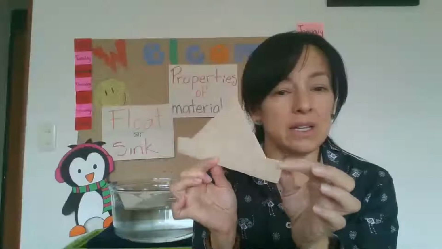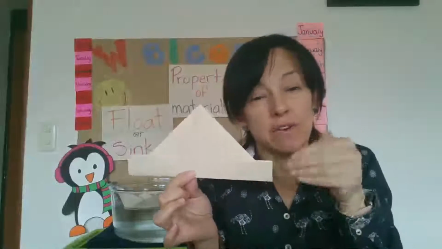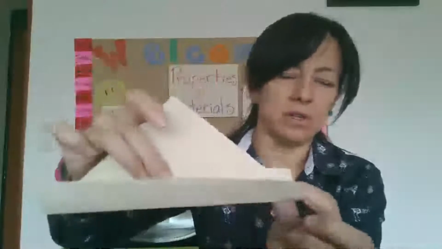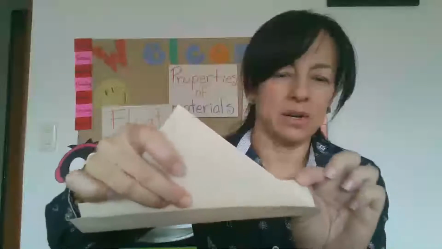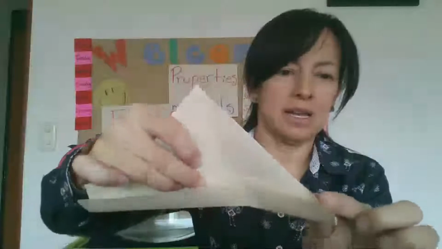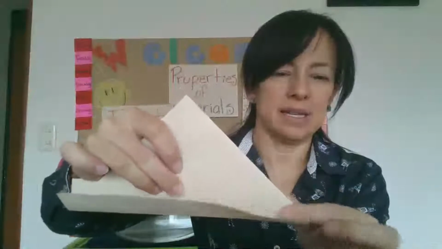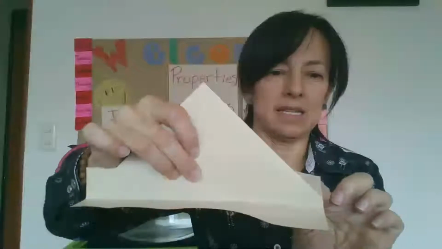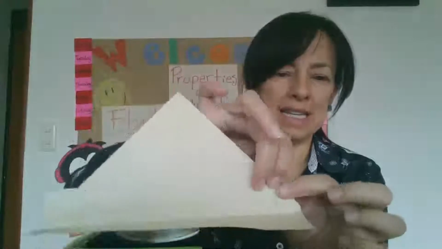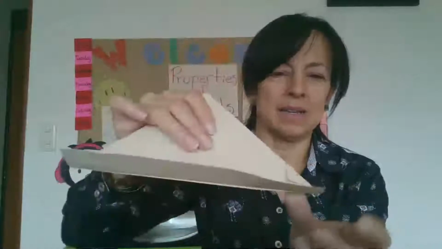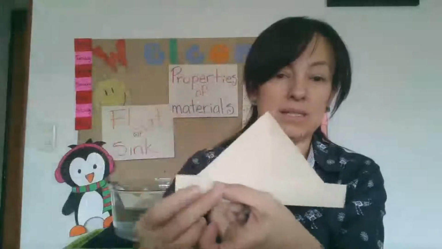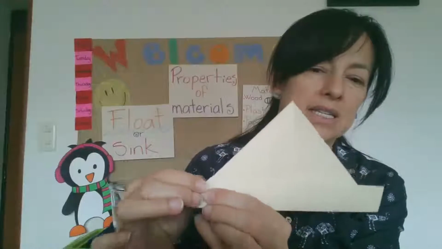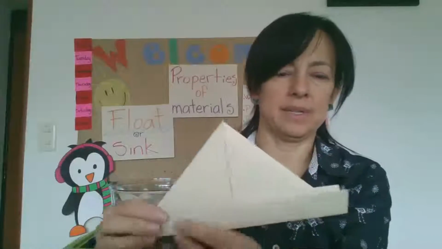Now, these little corners, I'm going to fold them. Look, I'm going to fold this corner like this. You see? I have it like this. I fold it like this and press. And the other one the same way. I fold like this and press.